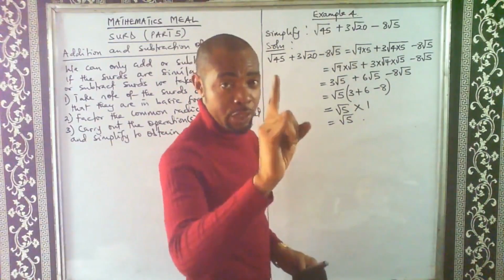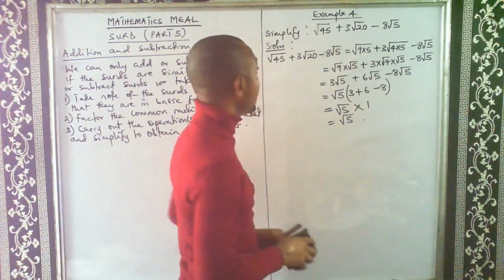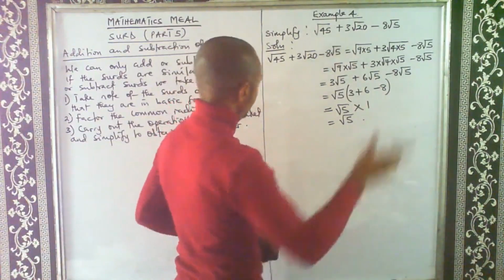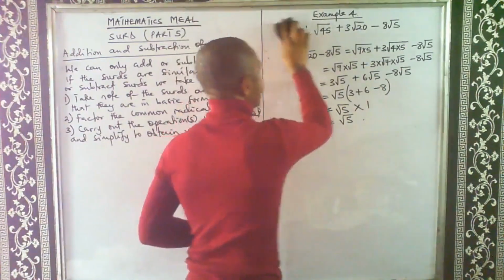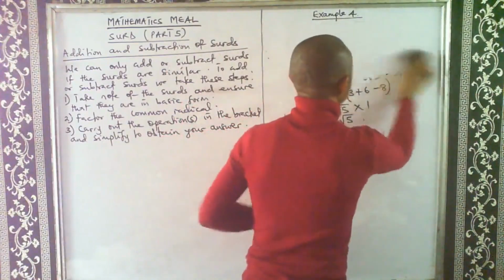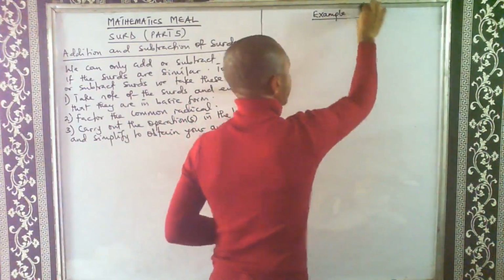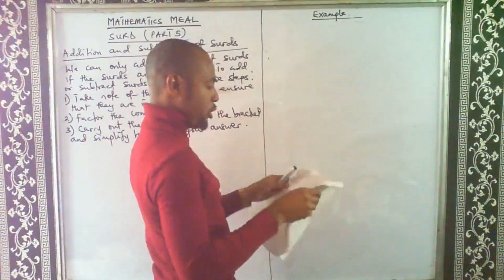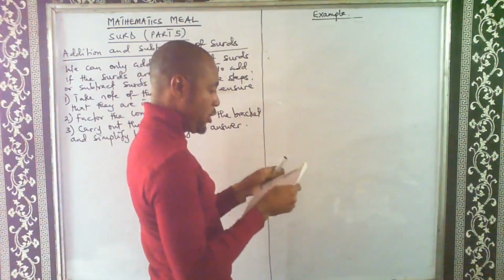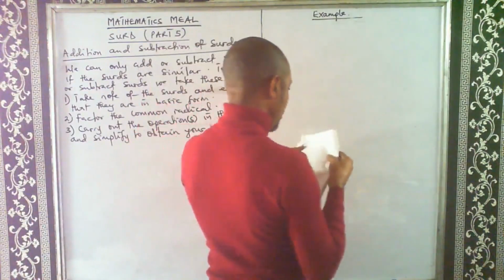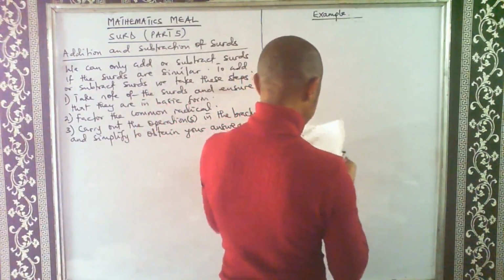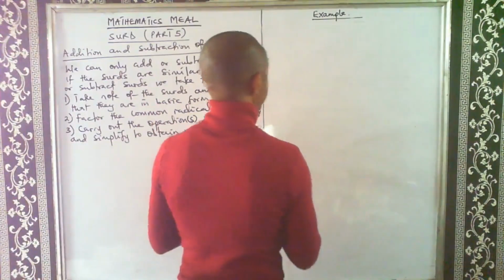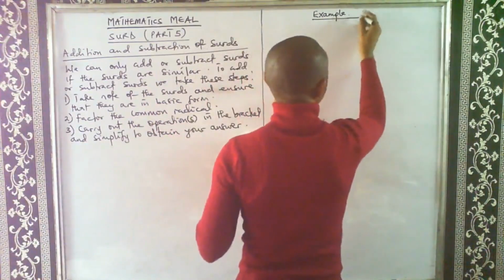So let's just take one more meal in order to satisfy you right now, because we don't want anyone to remain hungry. You cannot come to us and remain hungry in mathematics. No, that's not possible.